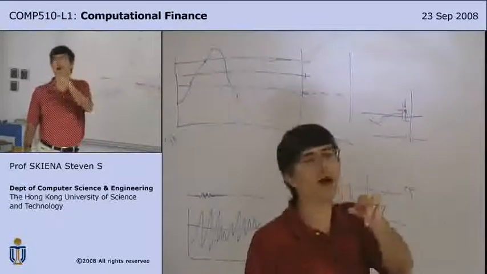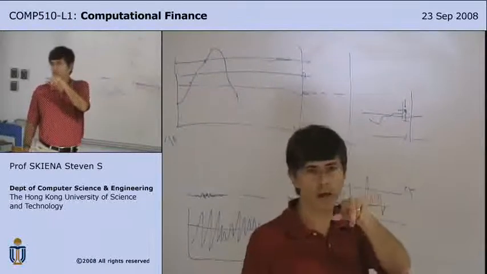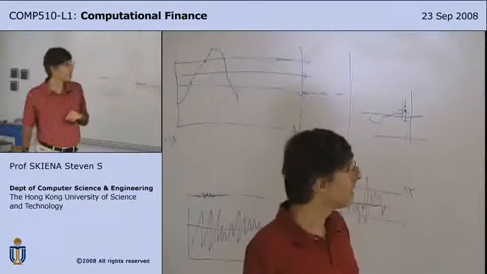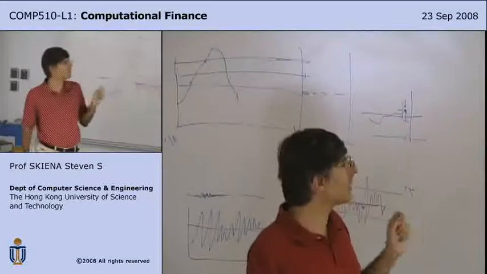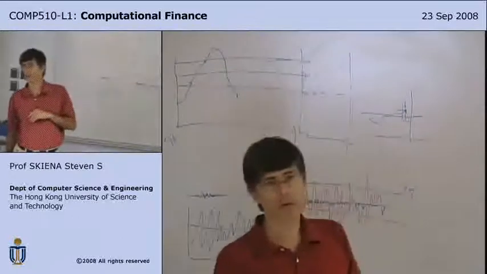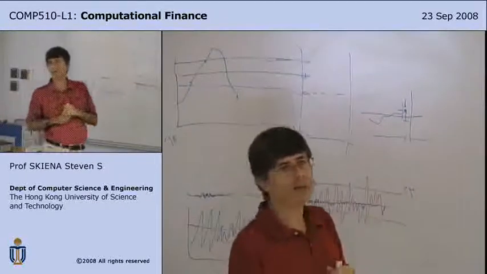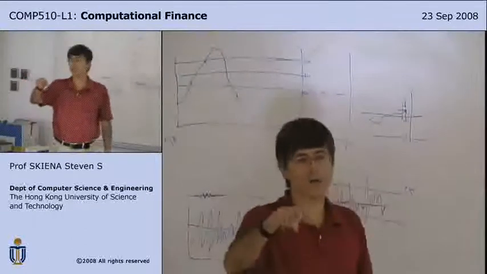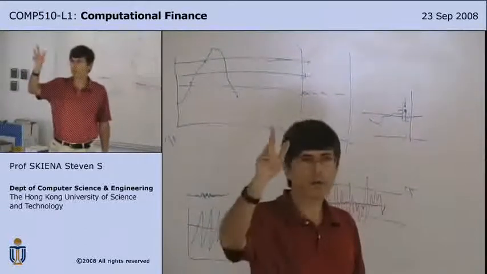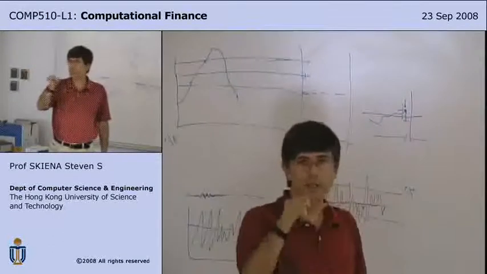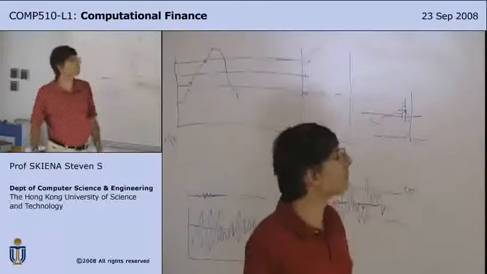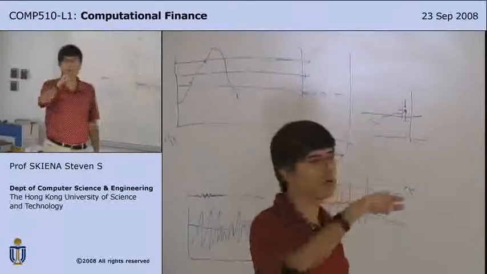If the price went up, you feel smarter, and the price of doing that has gone up. If you have the right to sell it at a particular price, say I have the right to sell this at $10 and the price has just zoomed up to $30, the more the stock price goes up, my right to sell it is less valuable. So the value of the put goes down.